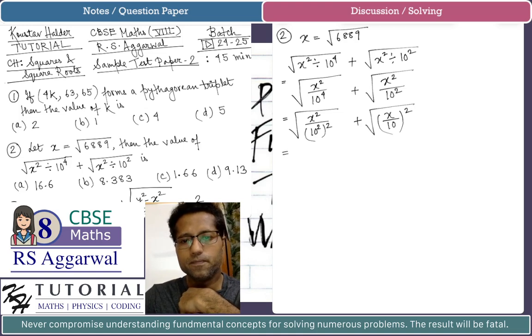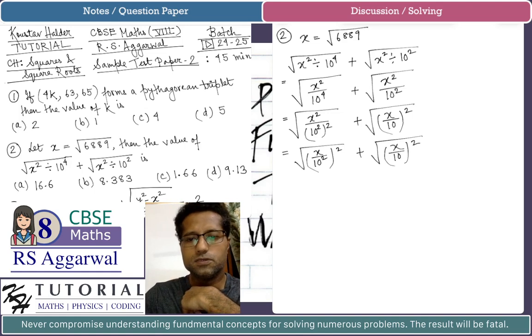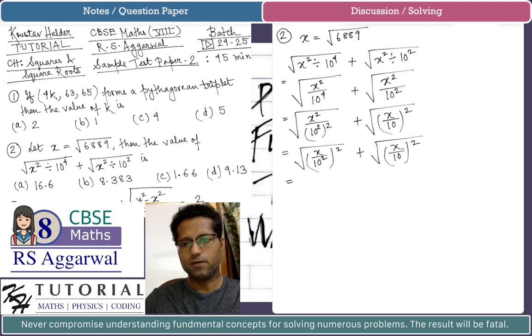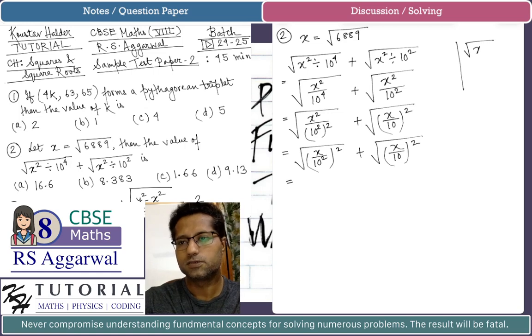This is equal to x by 10 square whole square plus x by 10 whole square. Now this is equal to square root of, if you have a square inside a square root, then it is very clear that square root of x square is obviously equal to x.